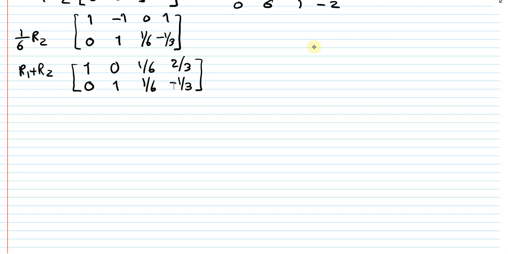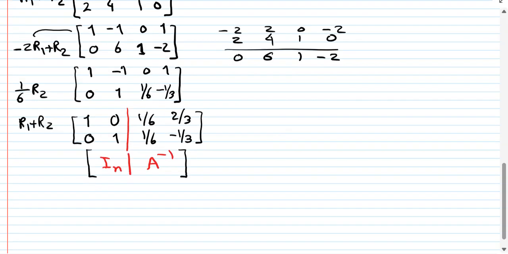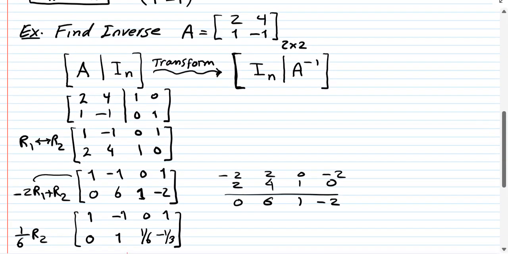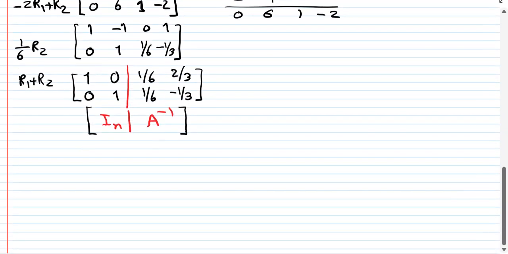And there we have it. We did actually achieve what we wanted to, right? Remember, we wanted to accomplish this, and we did. At this point, I do have this structure that I was proposing earlier. The 2 by 2 matrix on the right side now, we claim to be the inverse of the original matrix A, which was 2, 4, 1, -1.